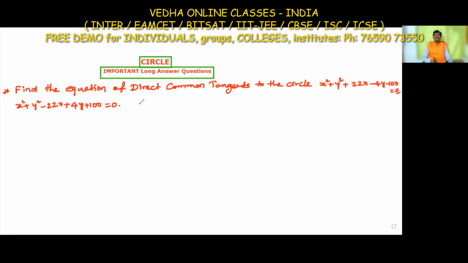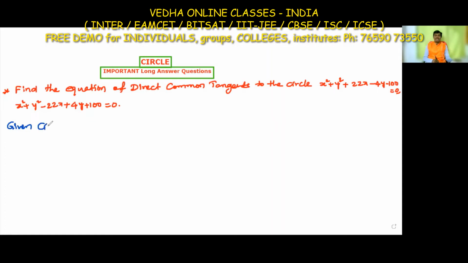So here, find the equation of the direct common tangents to the circles x square plus y square plus 22x minus 4y minus 100 equals 0, and x square plus y square minus 22x plus 4y plus 100 equals 0. Okay, so first I am writing the given equations here.